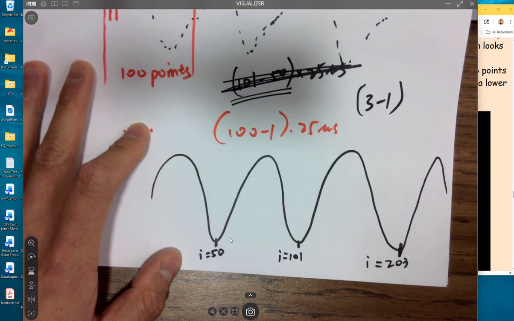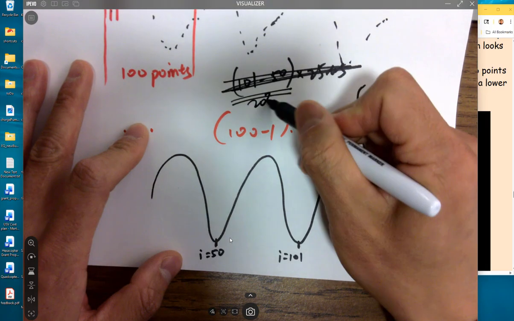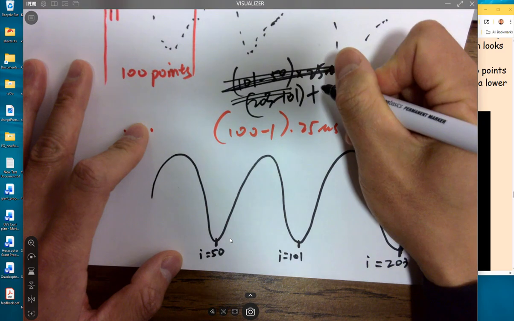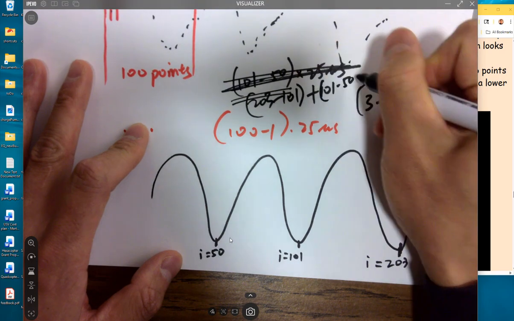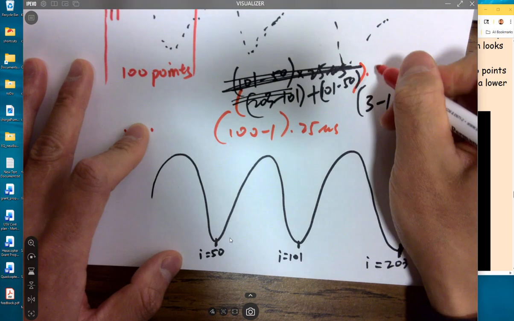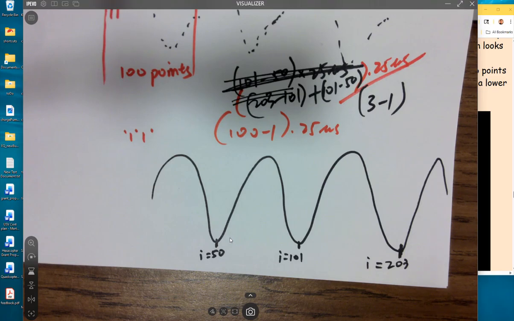That's this many periods, and you are using 203 minus 101 plus 101 minus 50, and then for the whole thing, times 25 microseconds and divided by 3 minus 1. So it's the average period of the sound waves.